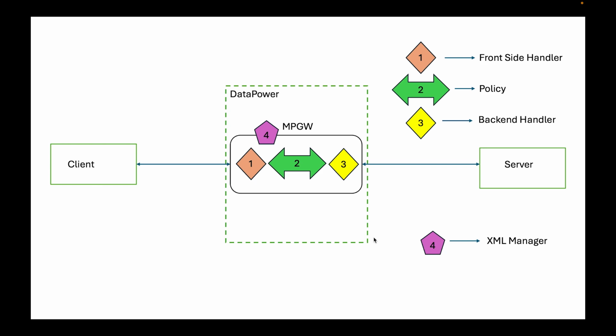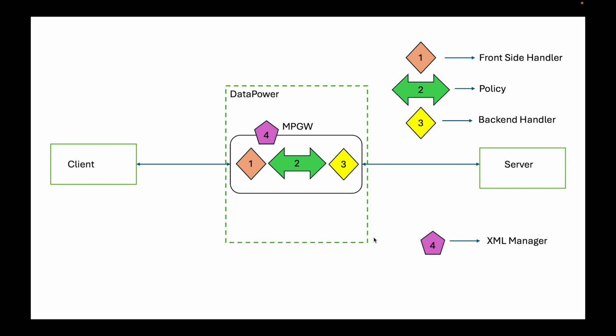So clients will perceive that they are talking to an HTTP or HTTPS server. But if I create a front-side protocol handler of type SFTP, clients are going to interact with it using SFTP protocol. And hence, clients are going to perceive that they are talking to an SFTP server.